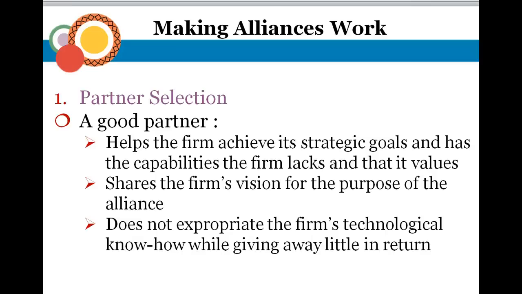So there are some limitations, and they know a lot about you now because they were working with you. But if you get a good partner that helps you to achieve your strategic goals and has the capabilities to really expand your business, and they have the same vision for what both of you are going to get out of the alliance, and they don't steal each other's technology or compete with each other, that really ruins a lot of strategic alliances.